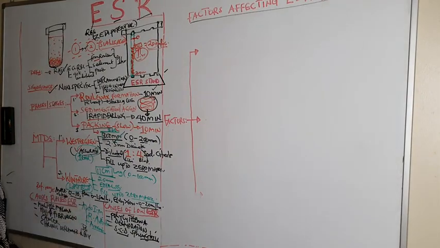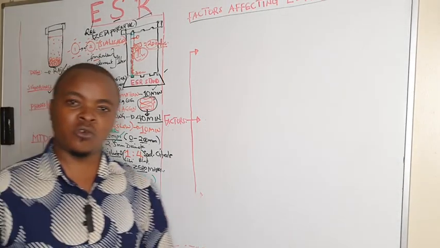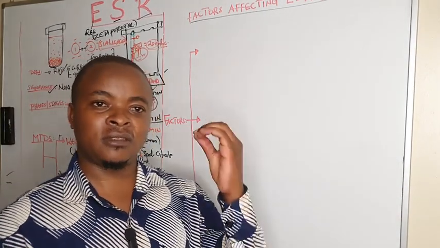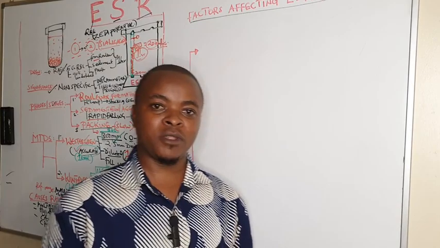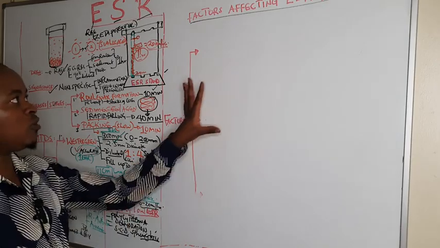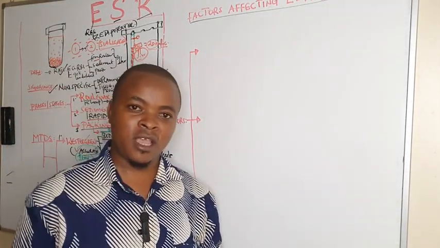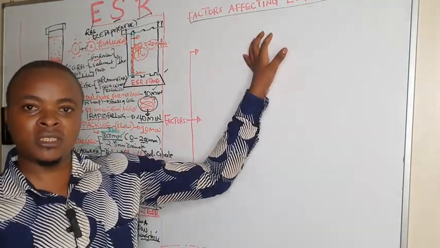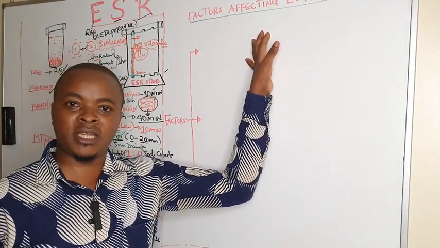So after looking at this, we are going to end this video with factors that affect ESR results. What could be the factors? We have seen some of them here, but we want now to give them in detail. And this is the most commonly asked question to students who are pursuing lab.